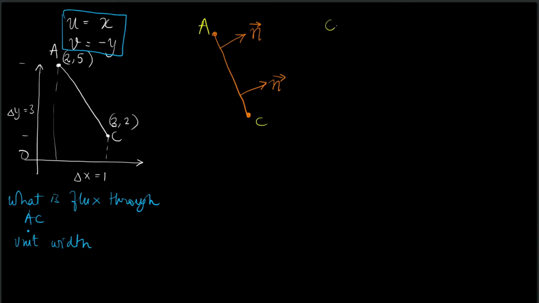And if that is the case, the flux that we want is going to be integral u dot n dA going from A to C. And actually this dA is going to be ds. So this is going to be integral u dot n ds, because the area is going to be this length multiplied by the width into the paper, which is equal to 1 in this particular case.